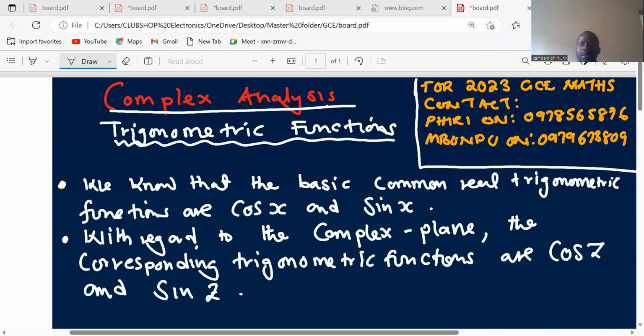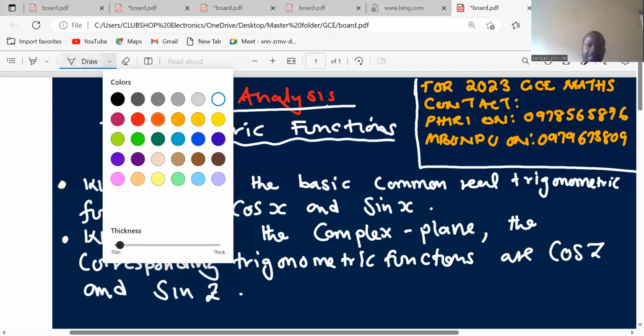We know in the real plane, we have got common trigonometric functions or trigonometric ratios such as cos x and sin x. But what do we have with regard to the z plane or the complex plane?